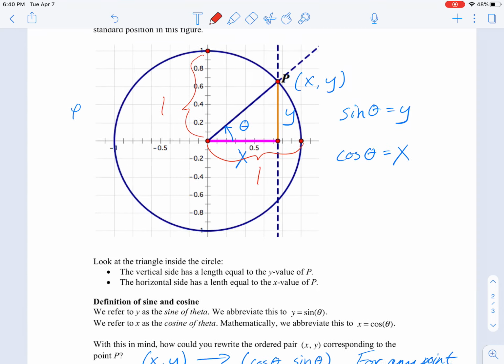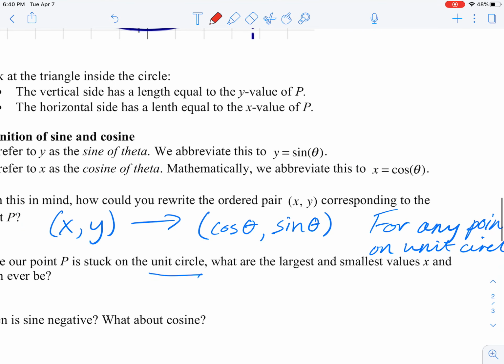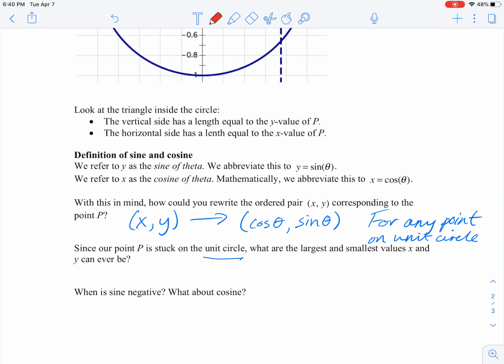So the sine of theta is very specifically restricted. We could say cosine theta must be less than or equal to 1. Sine theta must be less than or equal to 1. When is sine negative? This is an interesting question. What about cosine?